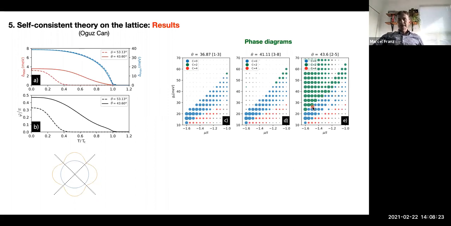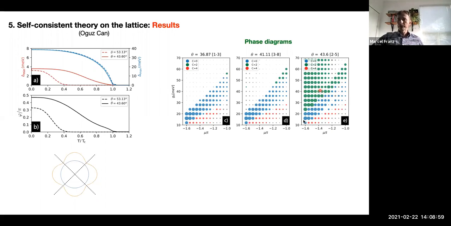Now, the encouraging thing is that for this angle that is closest to 45 degrees, pretty much everywhere in this phase diagram, you encounter the time reversal symmetry broken phase, right? We don't know what this G0 value is, but if it's, I don't know, 40 MeV, and we can adjust the chemical potential, then we are bound to land for some chemical potential in an interesting topological phase, for instance, this green phase.